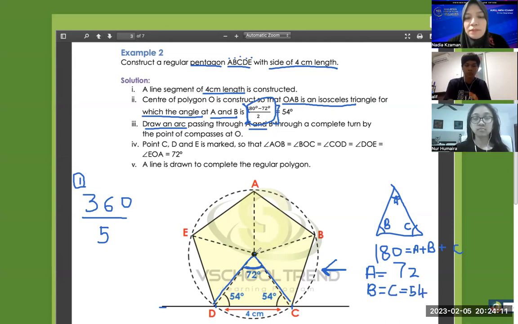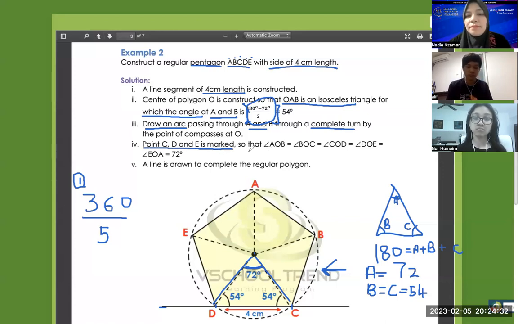When you have the center, you can draw an arc passing through A and B, and even C, D, and E, to have a complete circle. At points C, D, and E it is marked.